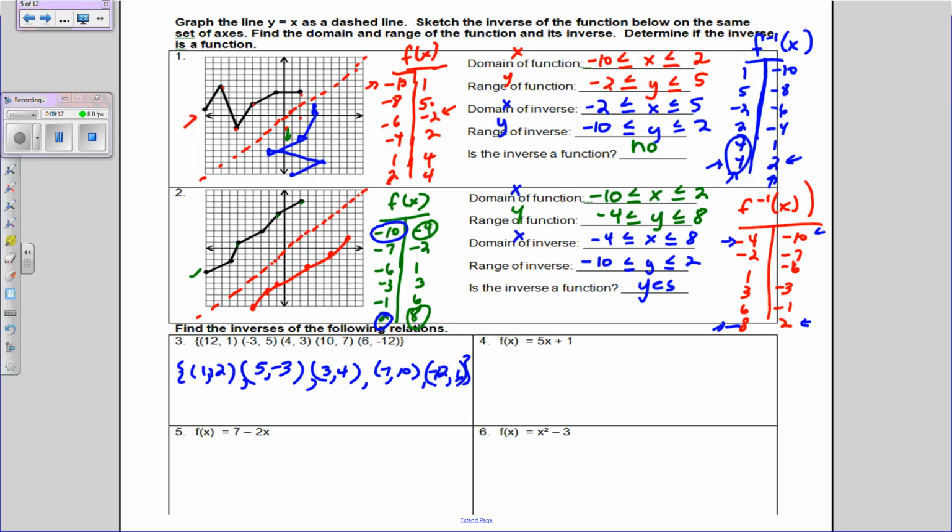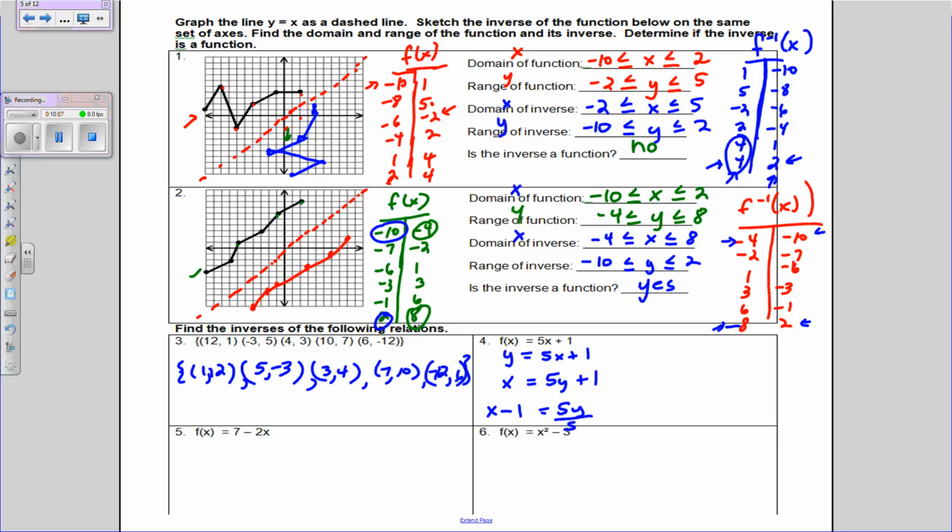Number 4, we want to find the inverse equation, right? So we need to first change f of x to y, so it makes more sense. Then we're going to switch x and y, so we'll have x equals 5y plus 1. Then we're going to solve for y, and we'll have the inverse equation. So I'm going to subtract 1 on both sides, or move the 1 over, and we'll have x minus 1 equal 5y.